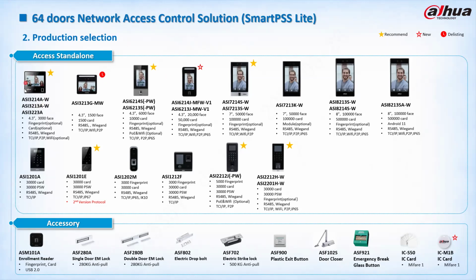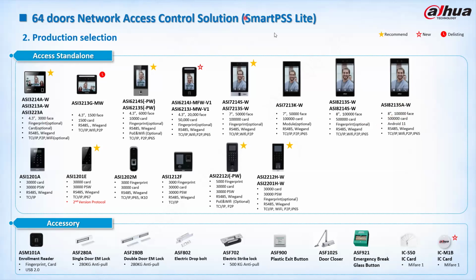All these support face recognition functions, card functions, fingerprint functions. Some have optional fingerprint or optional card functions, but all of them support face recognition. As you can see, we have multiple functional features for all these devices. For example, this supports up to 500,000 cards.